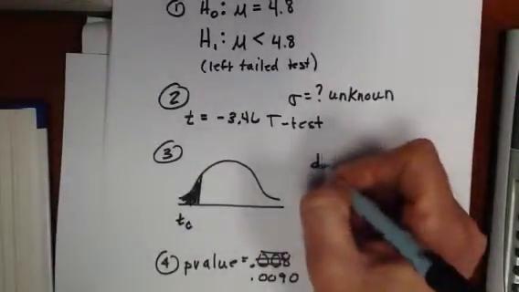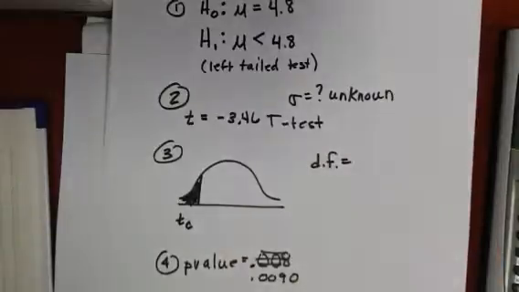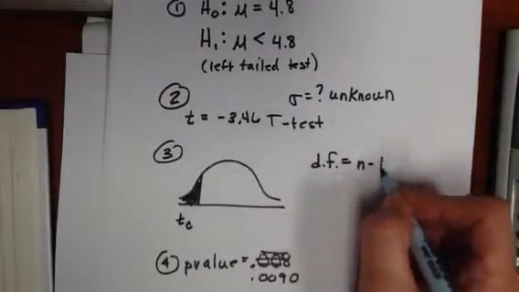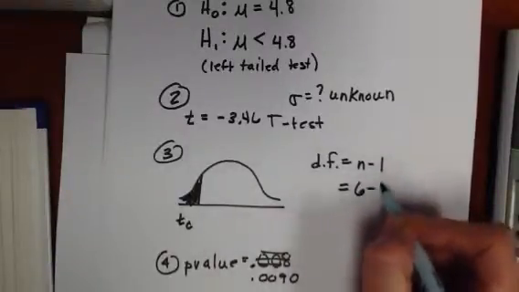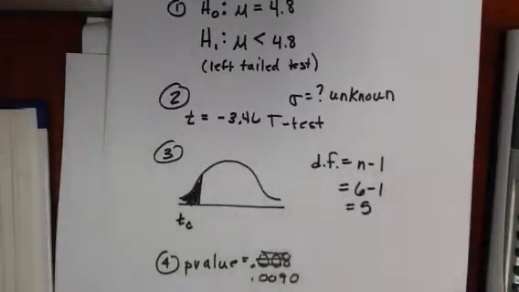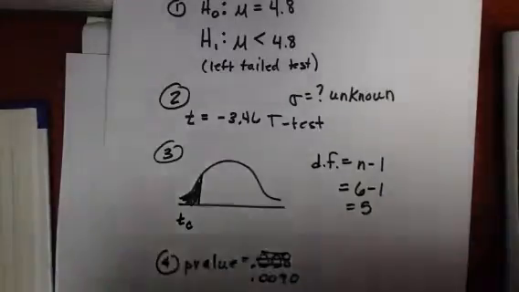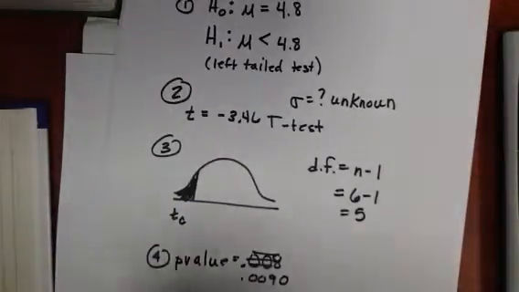Okay, in my first video I showed you you had to calculate the degrees of freedom when you're looking for a T, and it's n-1. We had 6 here, so 6 minus 1, or 5. We need that to look it up in our T table. So when we go to our table here, we're going to look for, do we have one tail or two tail? We have one tail.